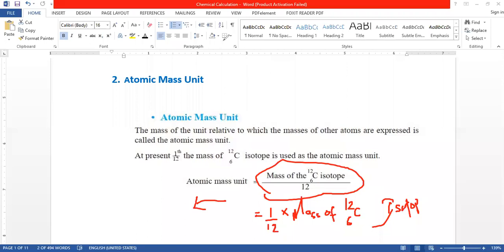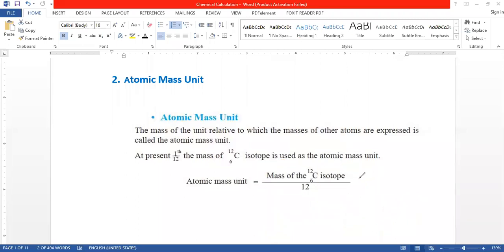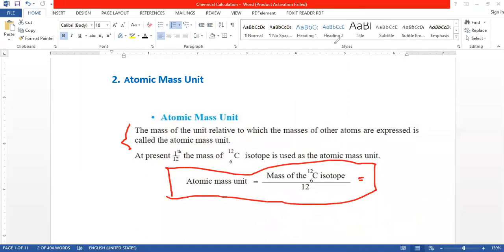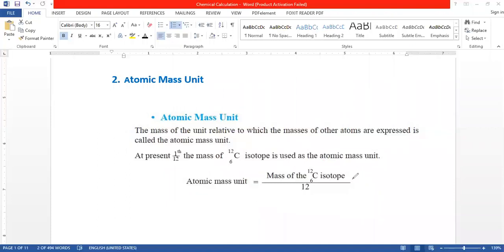If I apply this, the mass of 1 over 12, you don't need to remember all of these. This is a bloody thing for the exam. Just remember this one, that's enough. The mass of 1 over 12 of the carbon-12 isotope is what actually? 1.993 into 10 to the power minus 23 gram. We know that. Gram over 12.